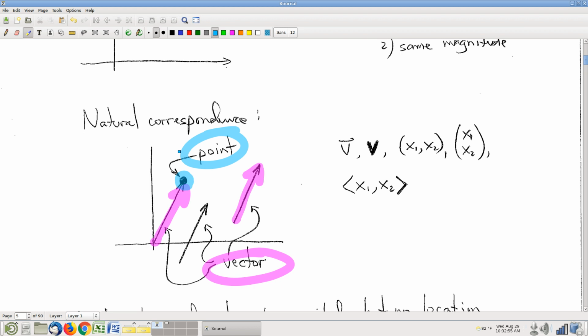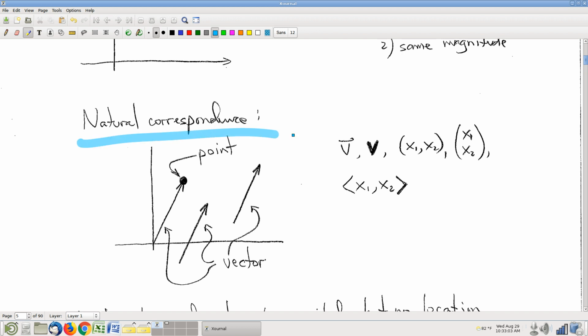Okay. All right. So here's the nice thing then, because these correspond in a natural way. If you want to describe a vector, you can do so by just describing the corresponding point. We can talk about the vector whose associated point is the point, and then you write down the point.